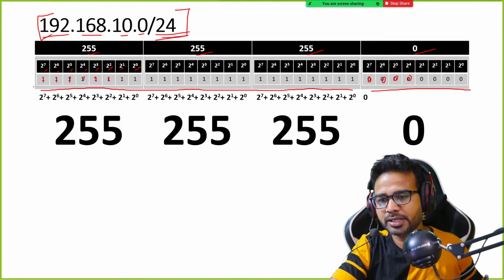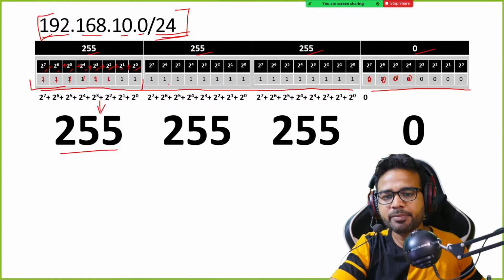For example, here all the 8 bits are reserved for the network. If you calculate everything, 2 to the power 7 plus 2 to the power 6 plus 2 to the power 5 plus 2 to the power 4 plus 2 to the power 3 plus 2 to the power 2 plus 2 to the power 1 plus 2 to the power 0, you get a total of 255. So here 8 bits are reserved for the network, so we get 255.